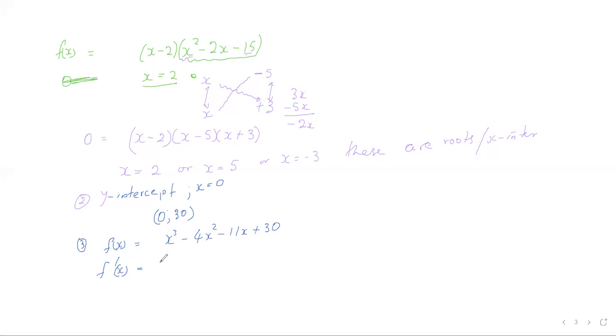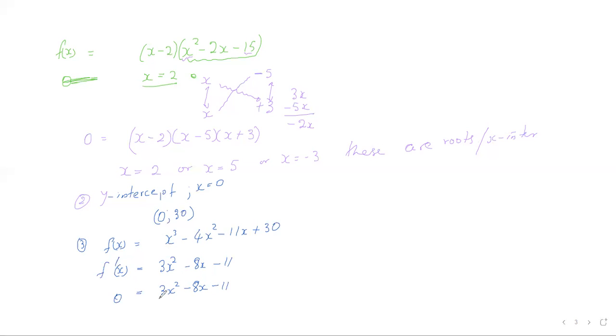The derivative of this will be 3x squared minus 8x minus 11. A quadratic there. And this derivative must equal 0 at the turning point. There's no slope there. The value of slope is 0.